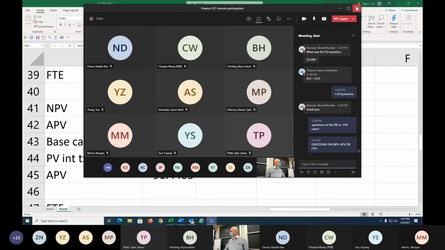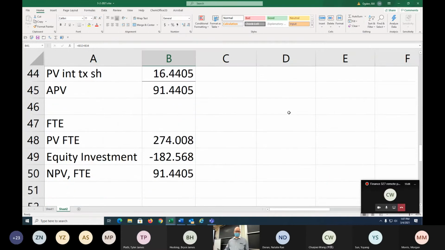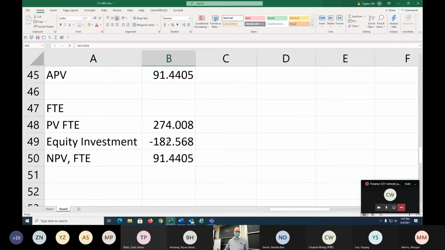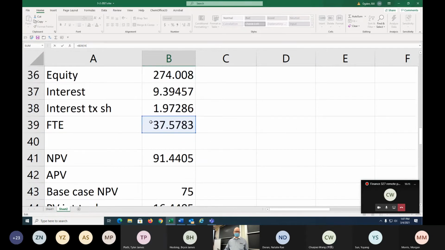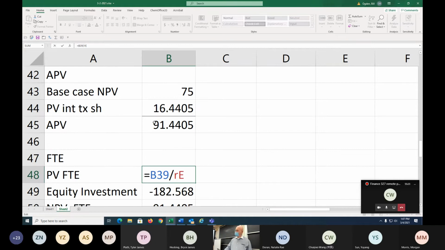I have a question. Oh, yeah, please. Can you show me what you have for present value of flow to equity? Yeah, like right here. I have this, the FTE we had above, divided by the cost of equity. Oh, okay, got it, thank you.